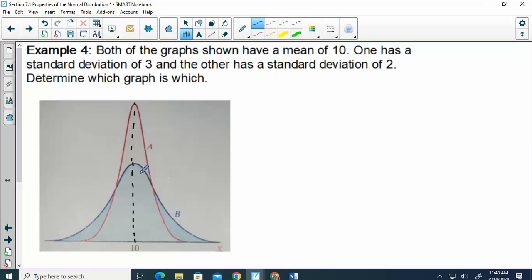The higher your standard deviation, the further you have to go before it starts turning outward. So A would have a standard deviation of 2. B, since it's more spread out, has a higher standard deviation. So the more spread out your graph is, the higher your standard deviation.